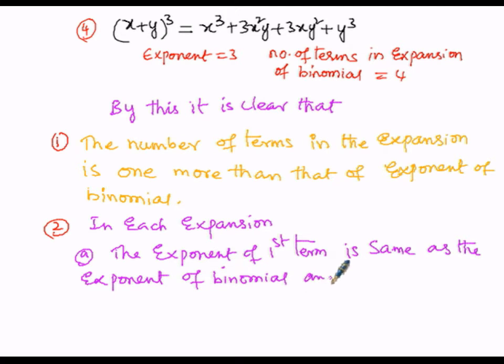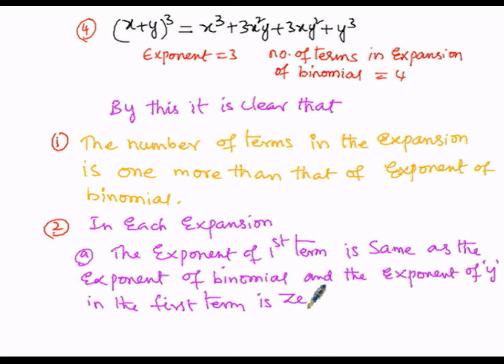And the exponent of y, the second term, in the first term is 0. In this case, the exponent of the first term will be the same as the exponent of the binomial.